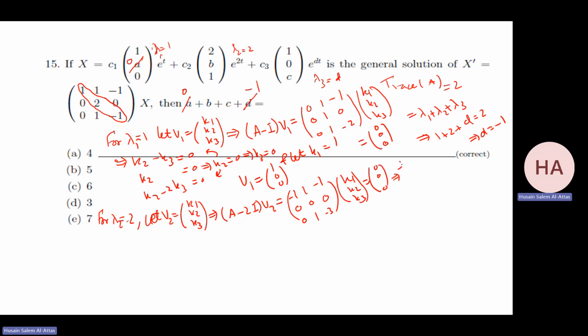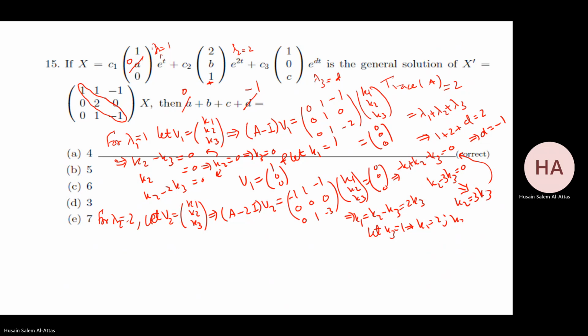So I have minus K1 plus K2 minus K3 equals 0, and K2 minus 3 K3 equals 0. From here, K2 equals 3 K3. Plugging it in, K1 is K2 minus K3, which is 2 K3. So I let K3 equal 1, and K1 is 2, K2 is 3. Good.